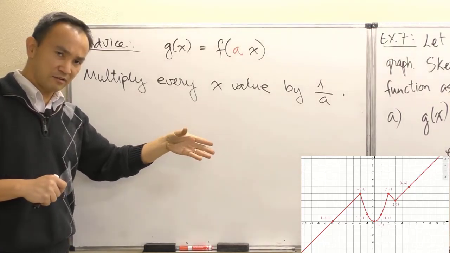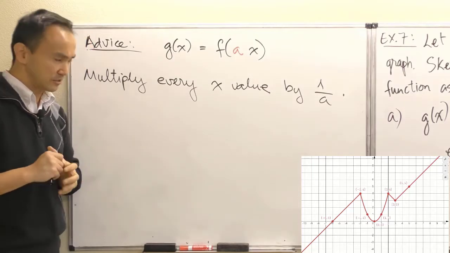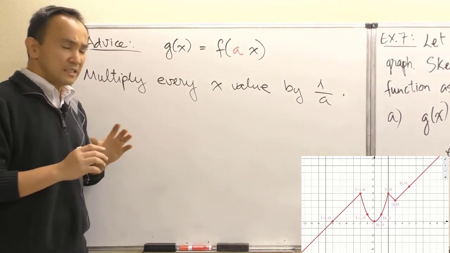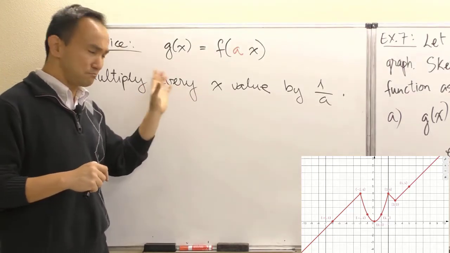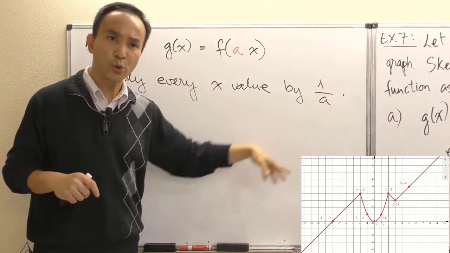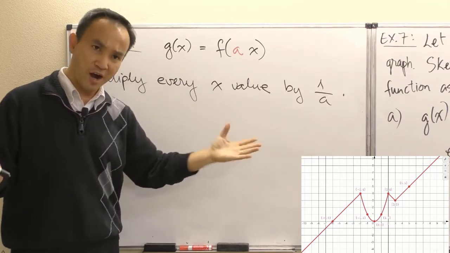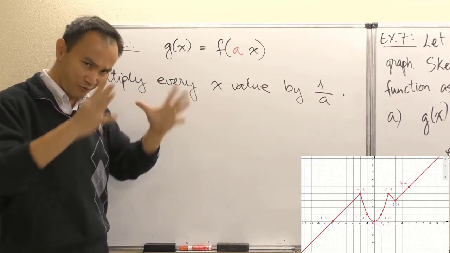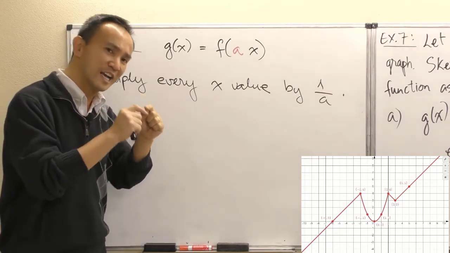With the graph on the screen at the same time, you can see that if we really attempt to multiply every x value, it's impossible, because it's a whole trace of all points. That's the reason why we stay focused on what I call the guiding points.